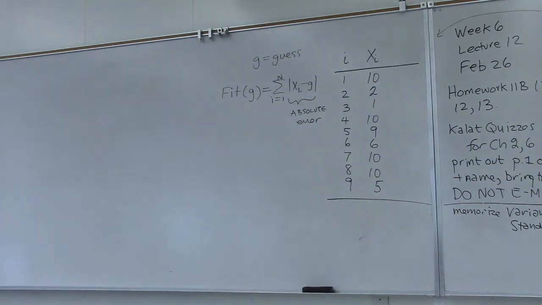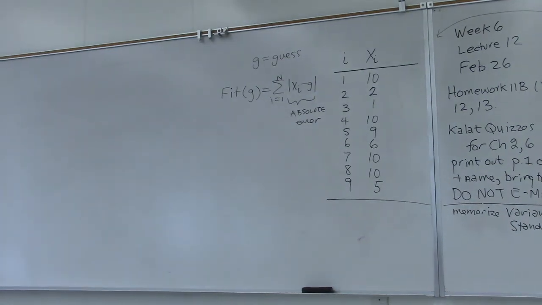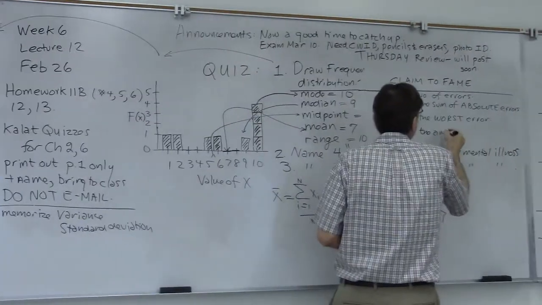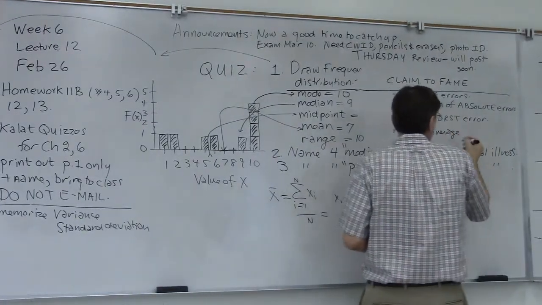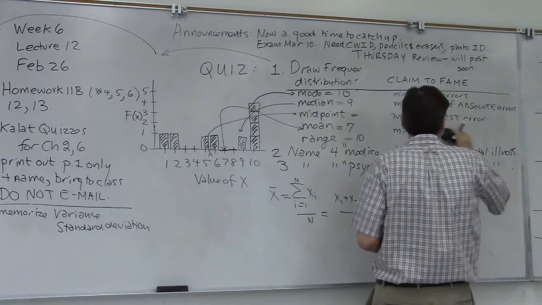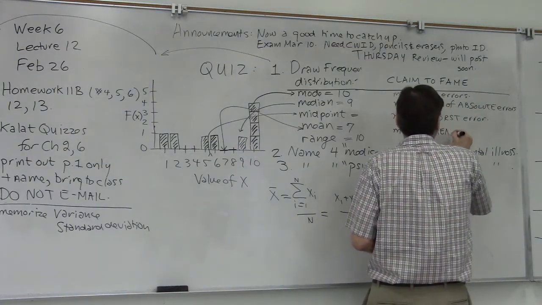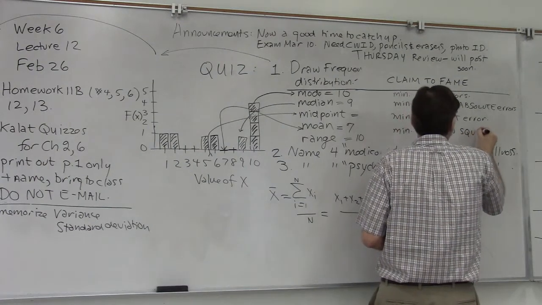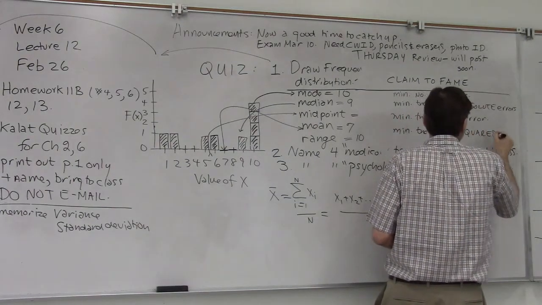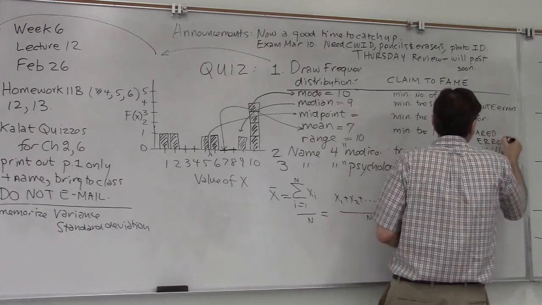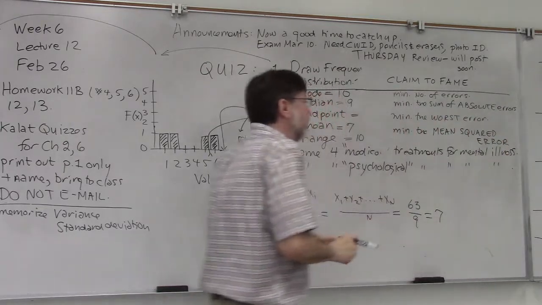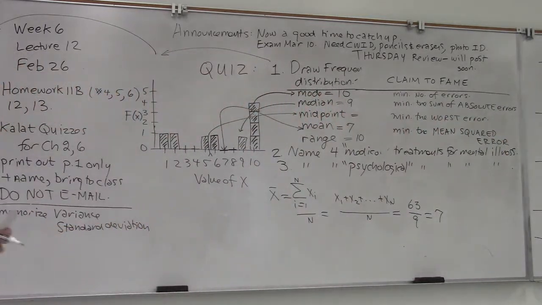Now the mean minimizes the average, or the mean, I'll write it as a mean squared error. So we're going to play the mean squared error game, also known as the variance game. What's the mean squared error? Well, let's figure out what's a squared error.